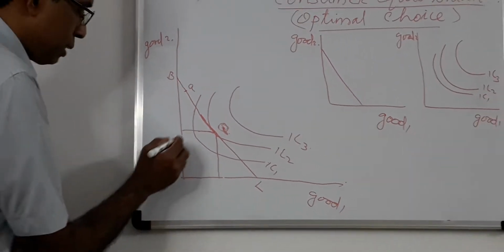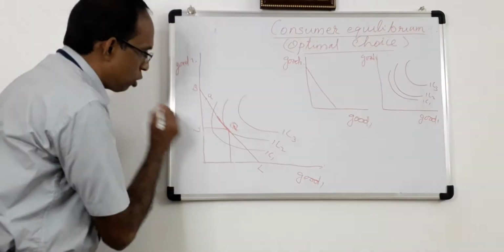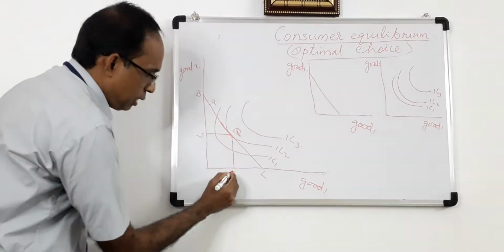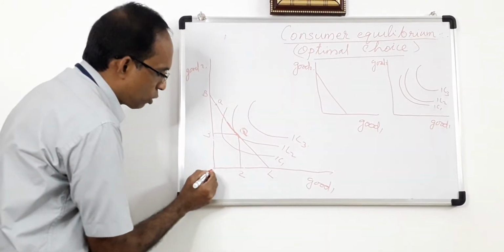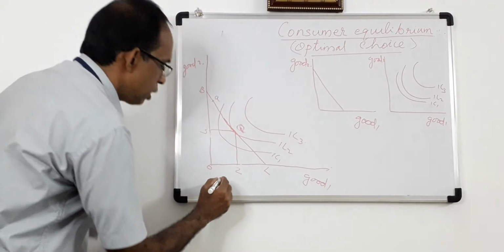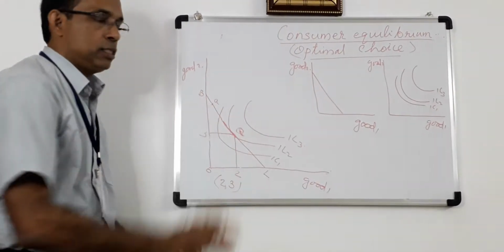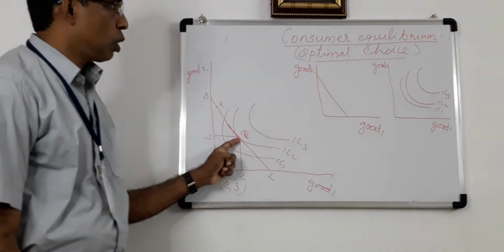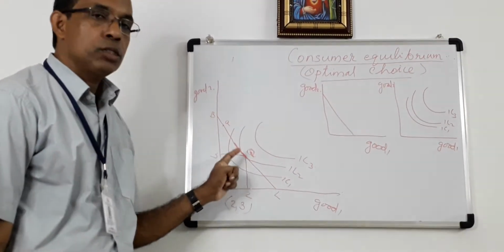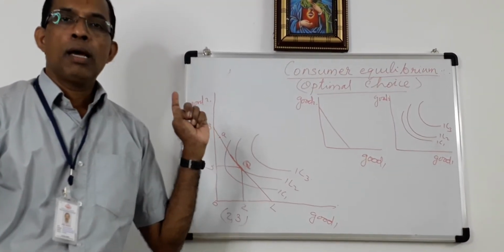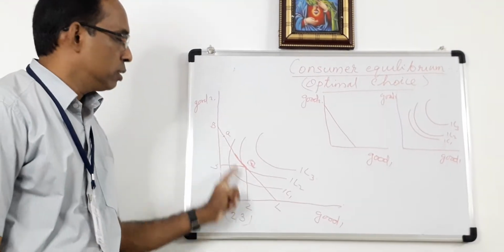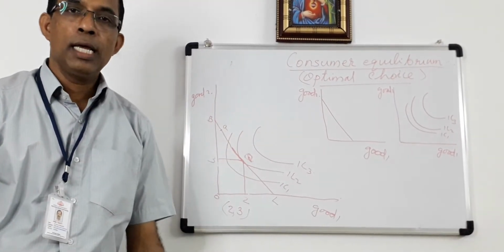Suppose it is 3 quantity of good 2 and 2 quantity of good 1. So the bundle is 2, 3. The bundle 2, 3 gives him maximum satisfaction, and this is called the optimal choice of a consumer, and this is called consumer equilibrium.